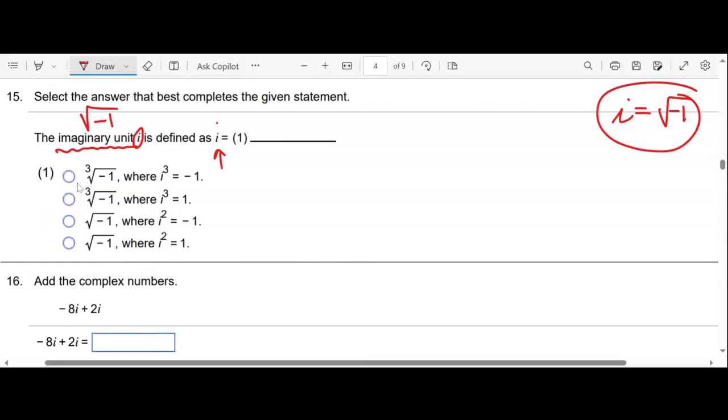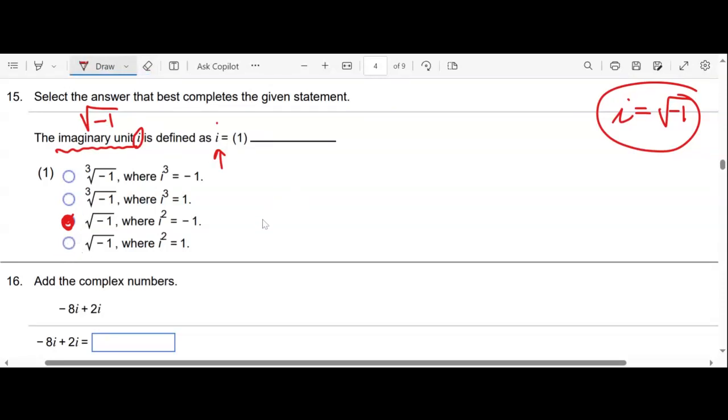Is it the first one? No. Is it the second one? Is it this one? I think it's the third one. It's the last one, right? Third one, correct. Not the last one.